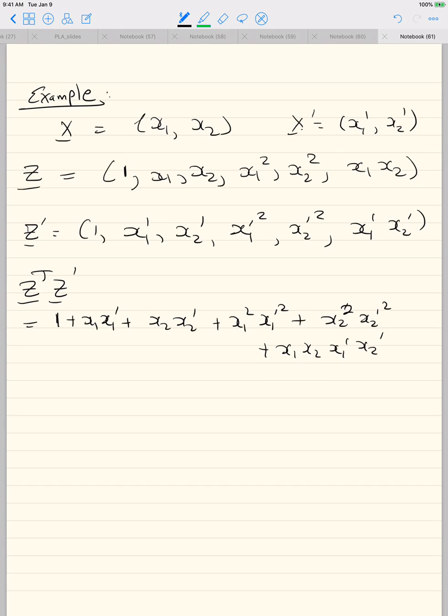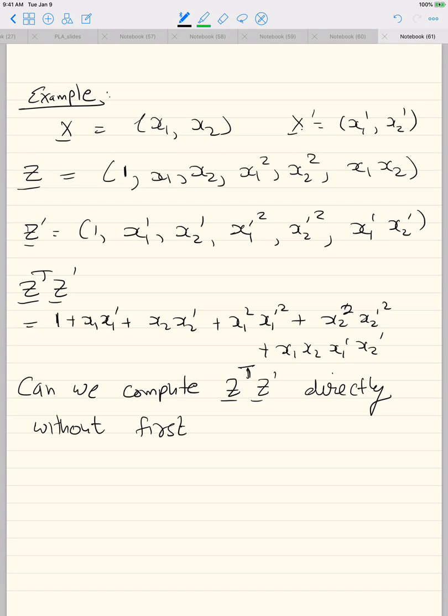However, the question is, can we compute z and z prime, or actually the inner product between z and z prime, directly, without first computing z and z primes separately?